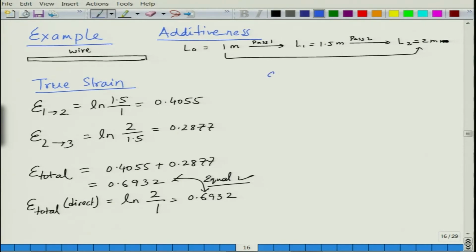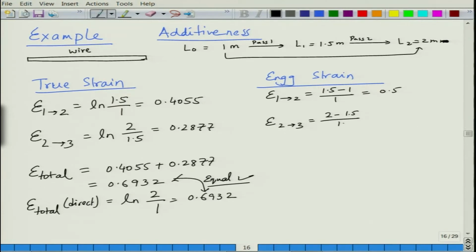Now, let us look at the example of engineering strain. Engineering strain E 1 to 2, we are going from 1 to 1.5, so it is 1.5 minus 1 divided by 1, so this is 0.5. For the second pass, it is 2 minus 1.5 divided by 1.5. So, this is equal to 0.33. Sorry, this is E not epsilon, my apologies.